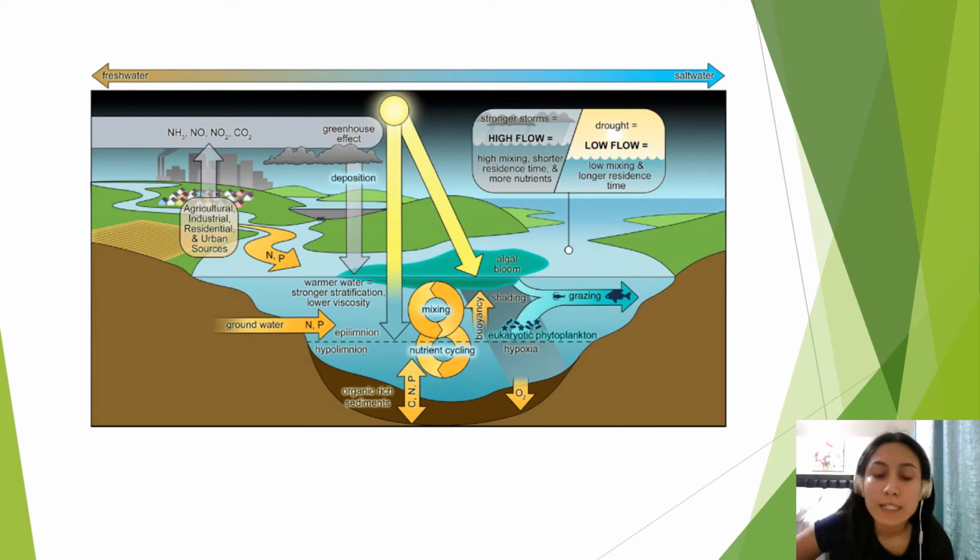Another idea that I didn't previously mention was that algae, when it dies, sinks down to the bottom of the bodies of water, and decomposers decompose the dead algae and release more nutrients into the water as well.